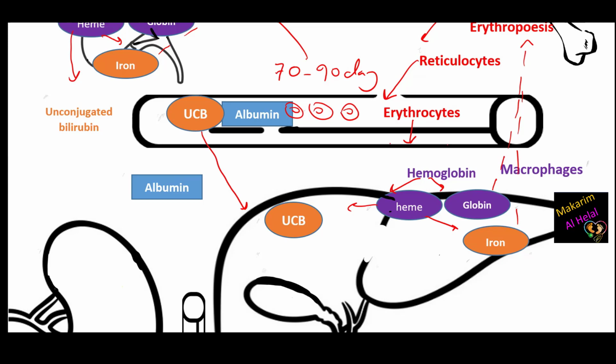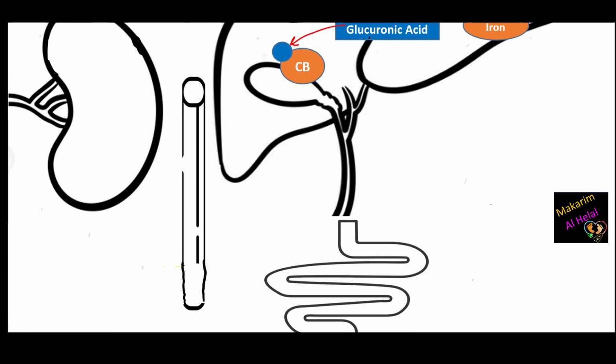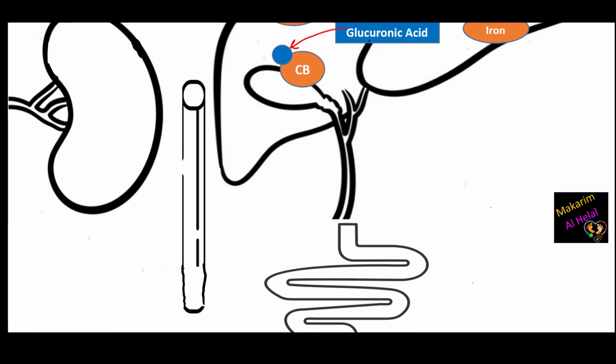In the liver, there will be a reaction called conjugation. Unconjugated bilirubin is converted to conjugated bilirubin with the addition of glucuronic acid. Conjugated bilirubin is now water soluble and can be excreted from the liver in bile to the small intestine through the common bile duct.